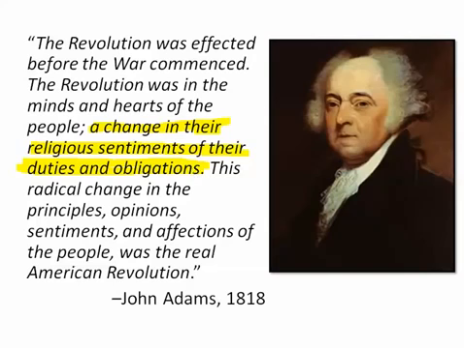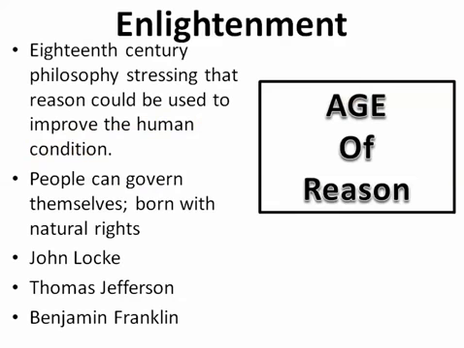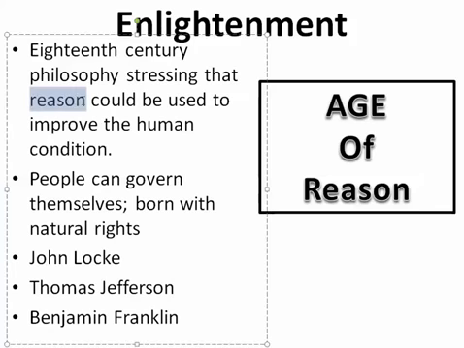Okay. Let's turn to the Enlightenment, and how it impacted people and their ideas about government. In the 18th century, the Enlightenment philosophy stressed that reason could be used to improve the human condition. And we're about to talk about some arguments between two people that talk about reason and human nature.